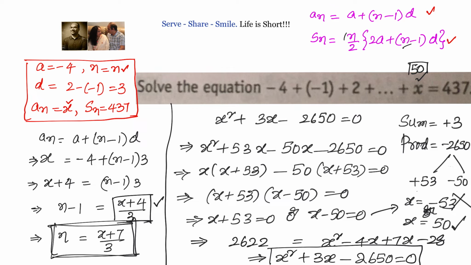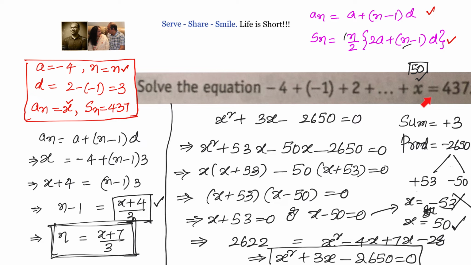Let's have a recap of this problem. We have been asked to solve the equation minus 4 plus minus 1 plus 2 up to x equals 437. Now we observe that the given numbers are in arithmetic progression because minus 4 plus 3 is minus 1, plus 3 is 2. So by definition of arithmetic sequence, the subsequent number can be obtained by adding a fixed value to the previous number.